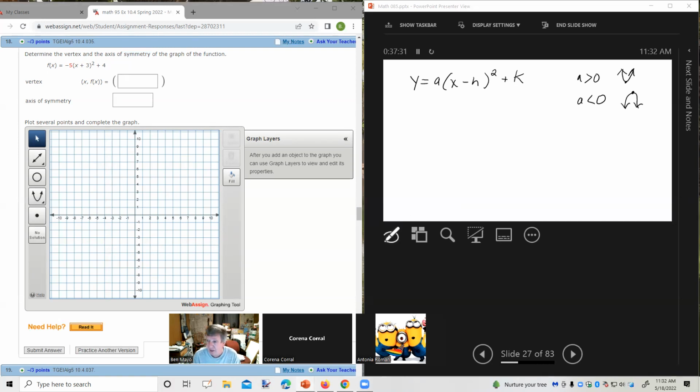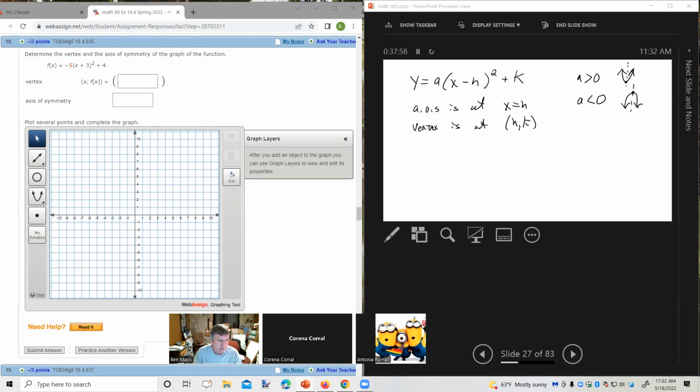The vertex is at the high point, also known as the maximum of the parabola. There is something called the axis of symmetry that goes right through the vertex, whether the parabola opens up or down. If it's in this form, the axis of symmetry is at x equals h, and the vertex is at h, k.